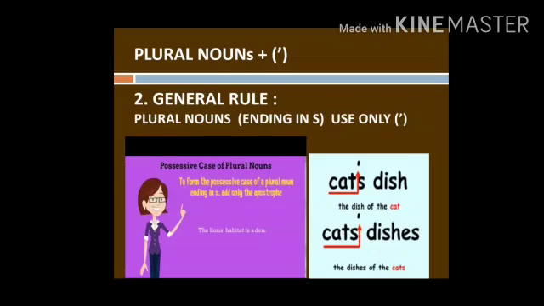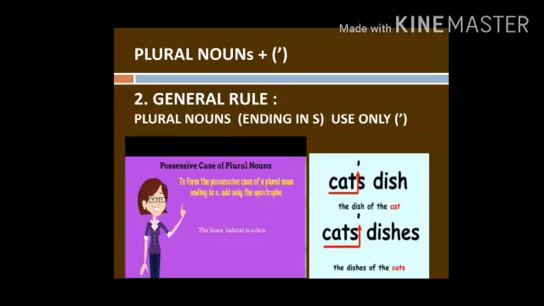Now the second rule is that when we want to write the plural form of the noun, then where do we put the apostrophe? It's just the opposite. Here we will just put the apostrophe after the word, because it is already plural. Cats, dogs, boys, girls.